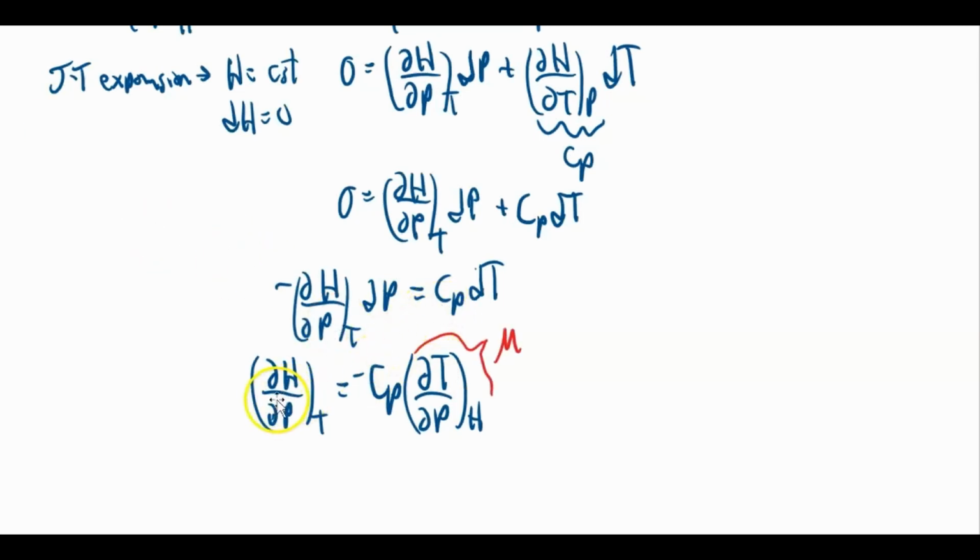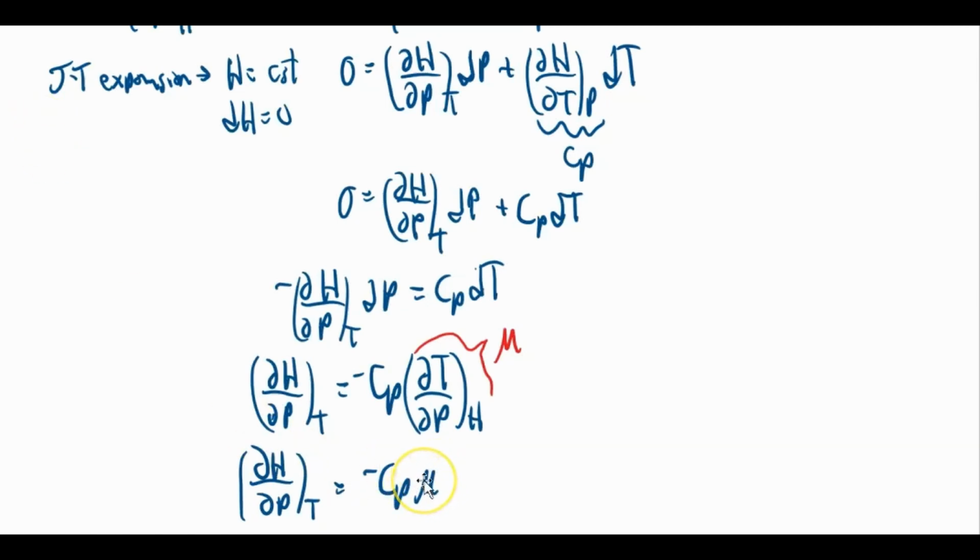So the change in enthalpy with respect to pressure holding temperature constant is equal to negative Cp times the Joule-Thomson coefficient.